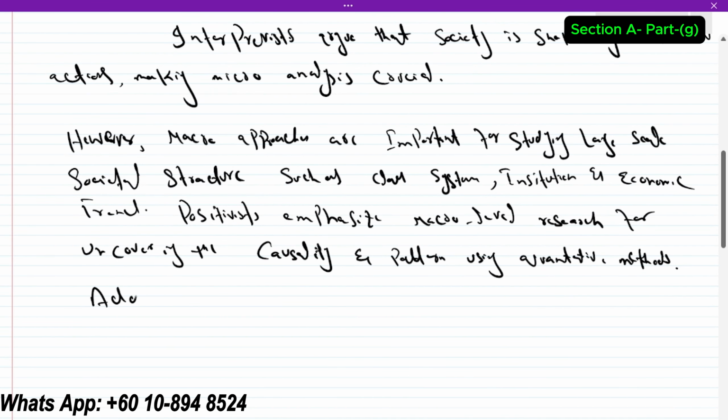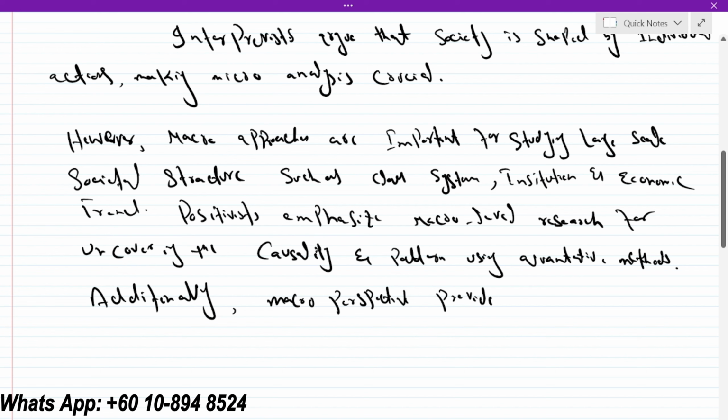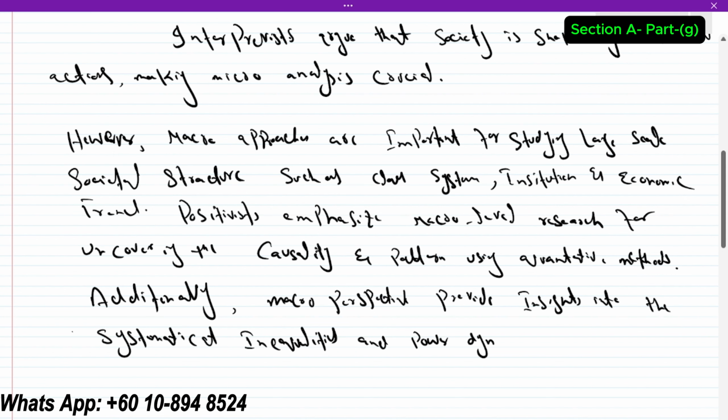Additionally, the macro perspective provides insights into systematic inequalities and power dynamics that shape individual behavior.